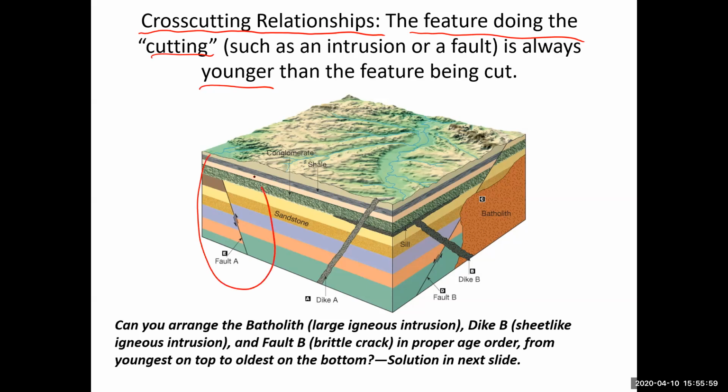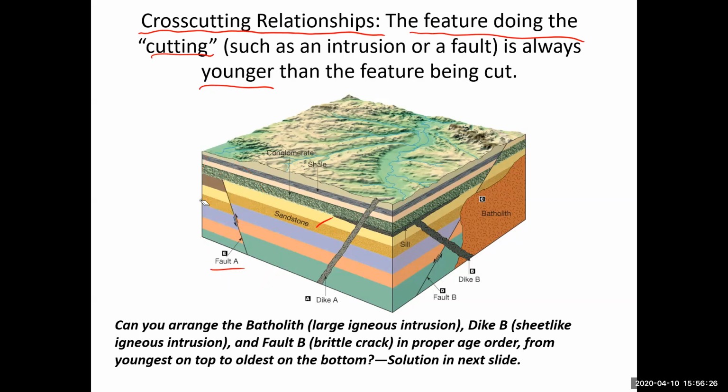Let's focus on the relationship between fault A and the sandstone over here. Notice that the fault slices through the sandstone, and along the fault, the sandstone layer is shifted. To the left of the fault, the sandstone layer is shifted downward. To the right of the fault, the sandstone layer is shifted upward.